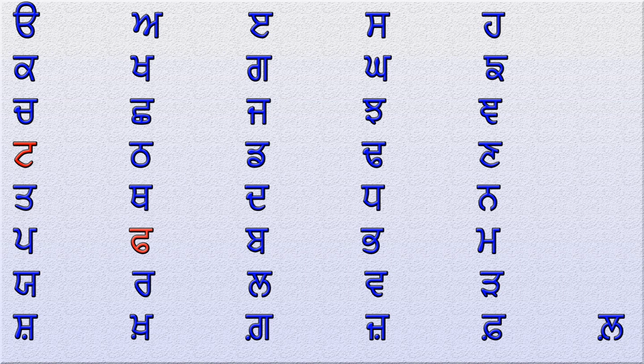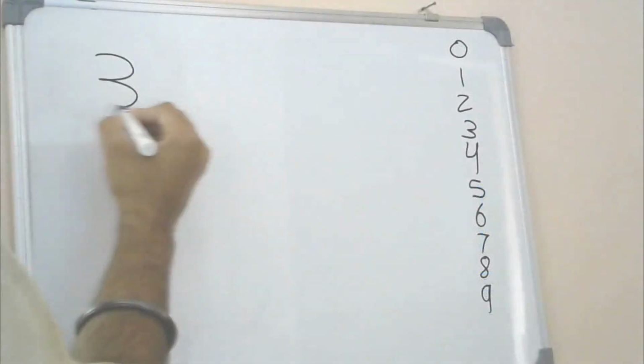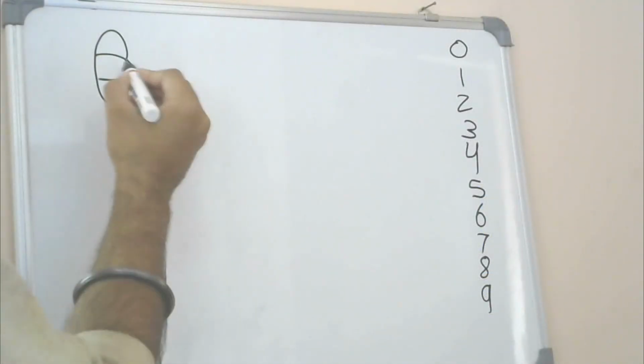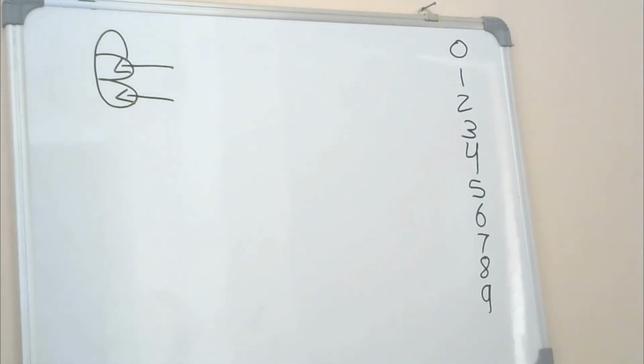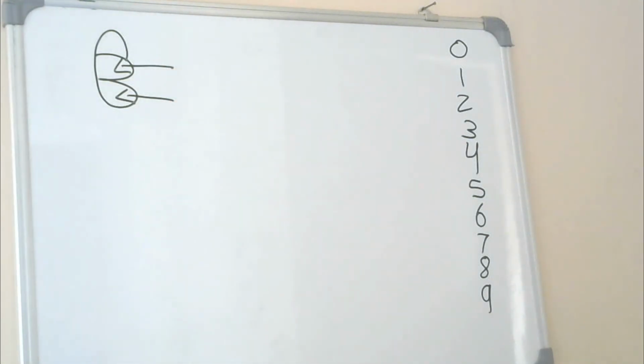But usually when people write it in Punjabi, they will simply write it in this way. They will not be caring if this has more space than this or not. But when you type it on a computer, there they will be having it completely different than how we are writing it here.